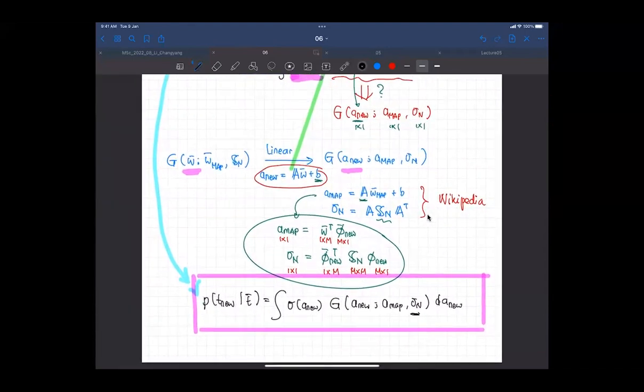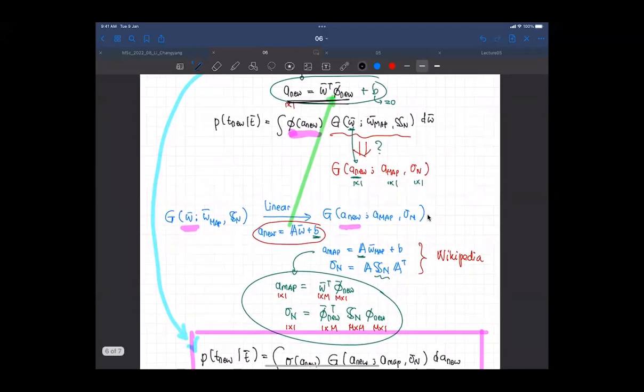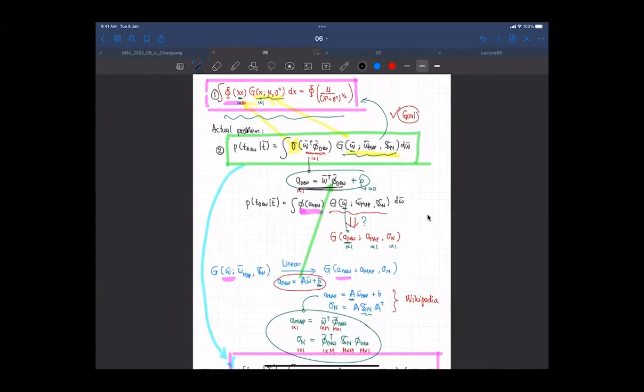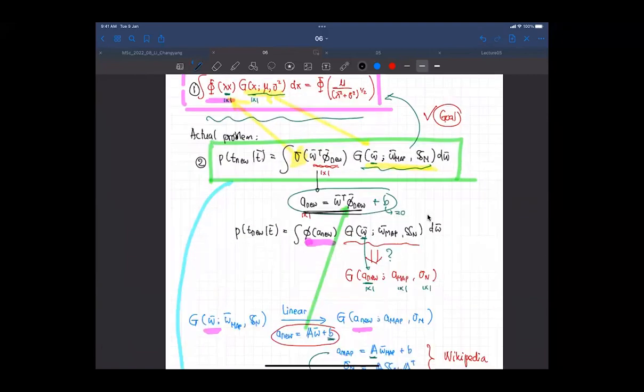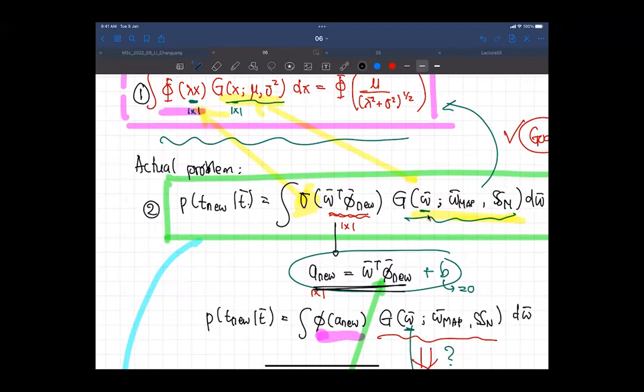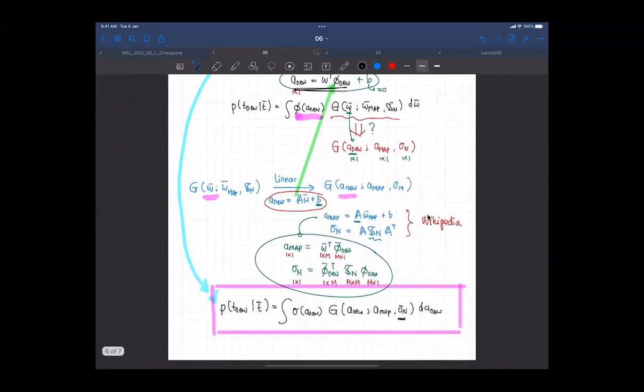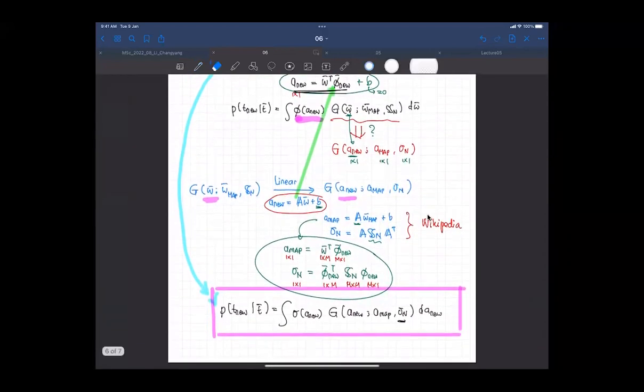Is it square or not square? Not square. The original equation in the top is square, but I think it's the same definition, the same dimension. Yeah, it doesn't make any difference, because this one is sigma n.